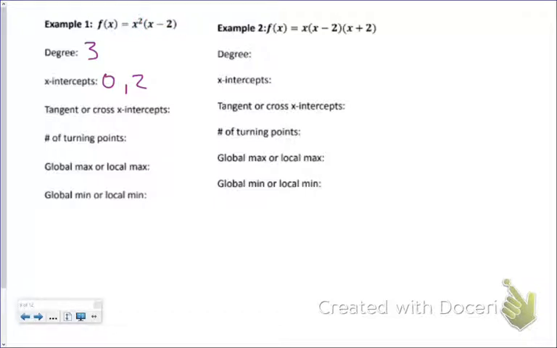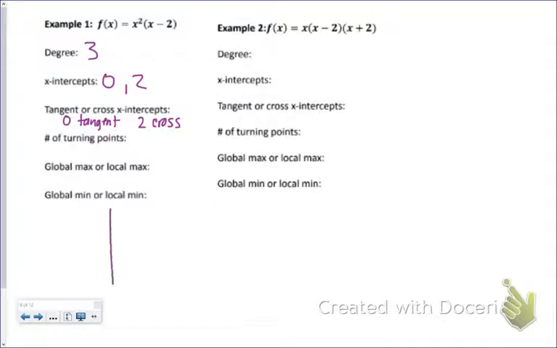At those points, at 0, that graph is tangent. We know that because the exponent of that factor is an even number. At 2, your graph is going to cross the x-axis because the exponent of that factor is an odd number.